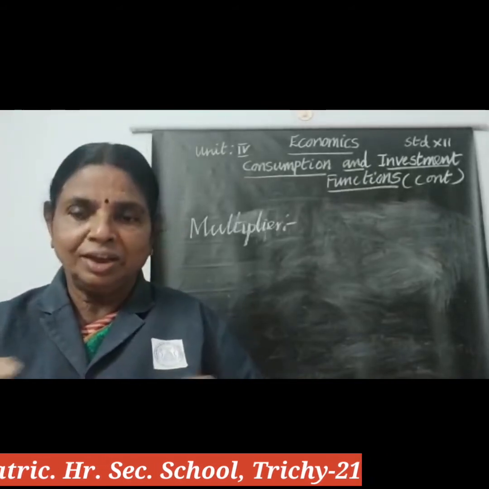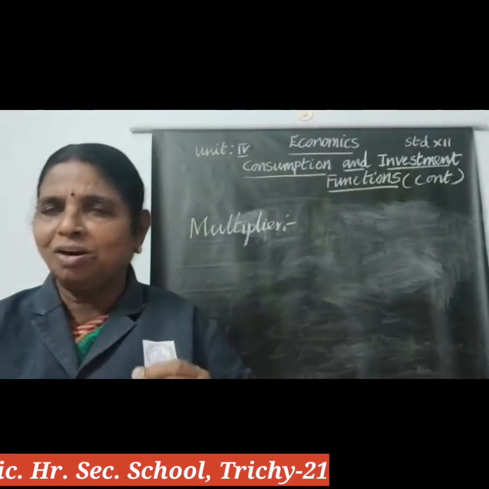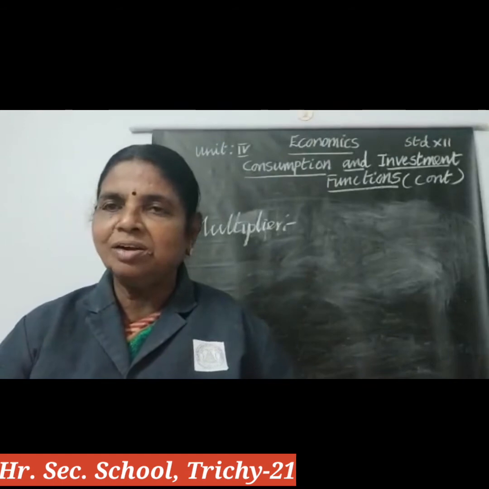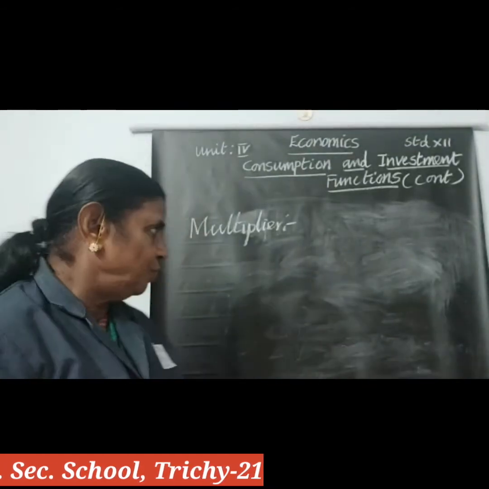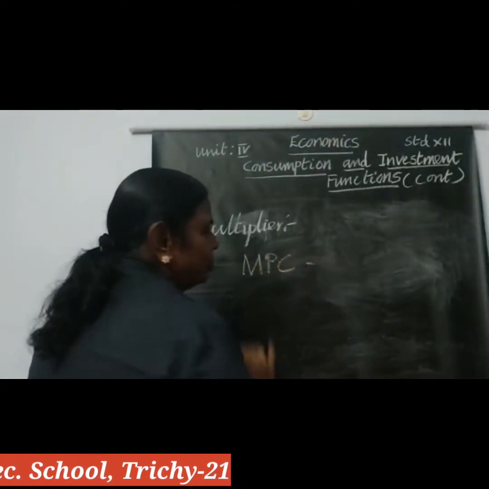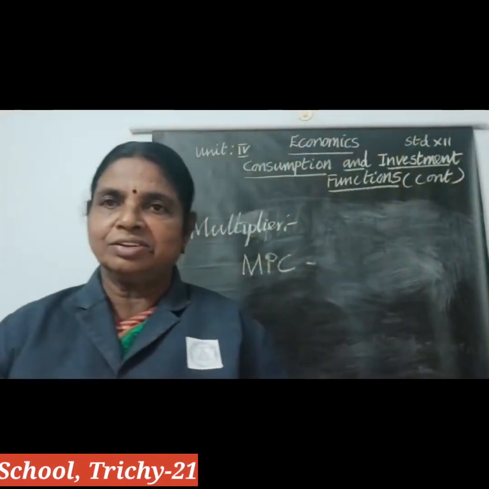The most important point among these assumptions is that the marginal propensity to consume is constant. You know what MPC is? The marginal propensity to consume is the rate of income spent on consumption.